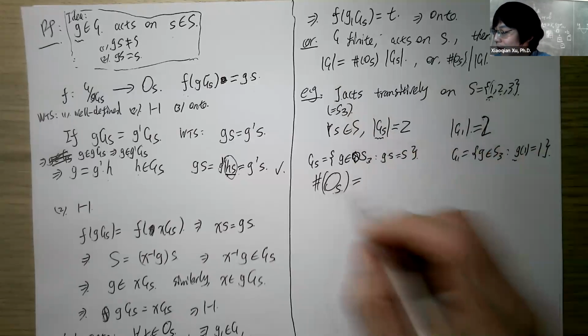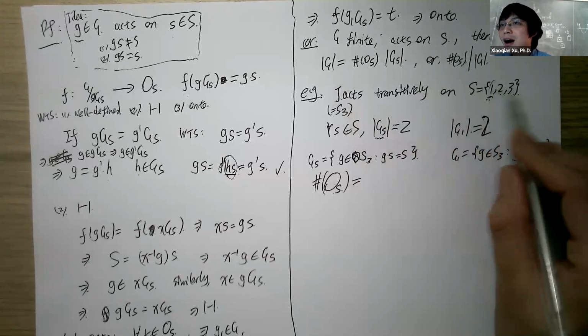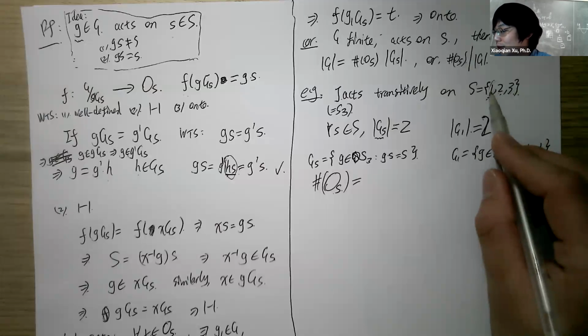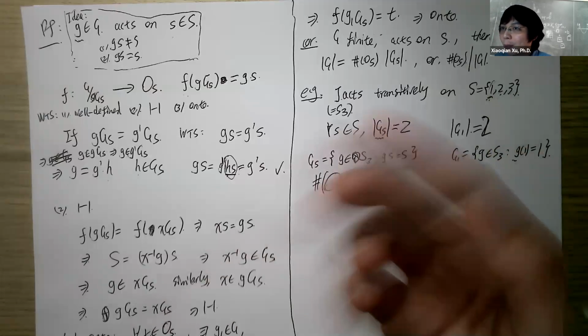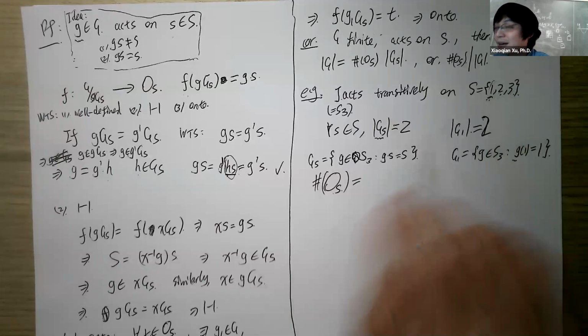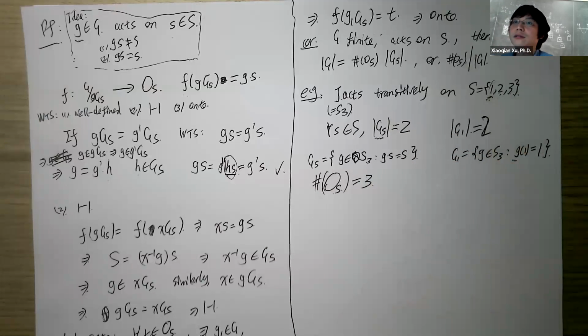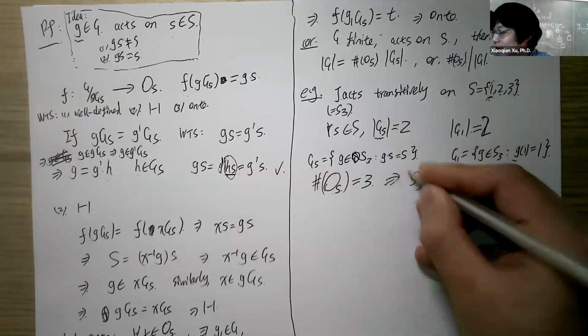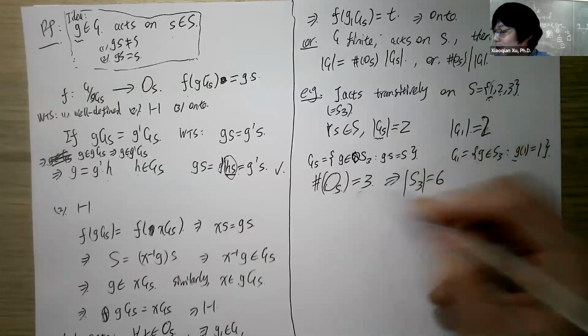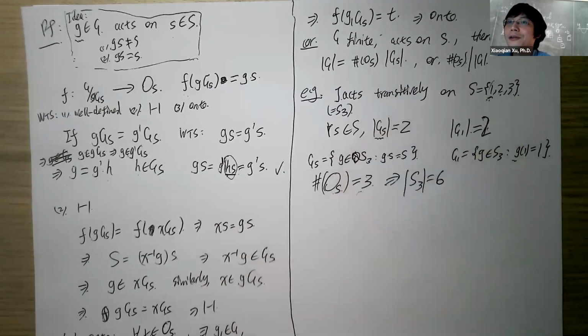So the size of the orbit is always 3. Okay, so you can recover the fact we already know: 3 times 2 equals 6, by this corollary.